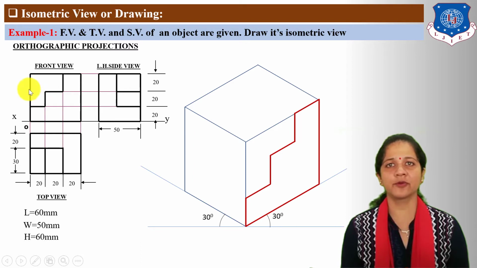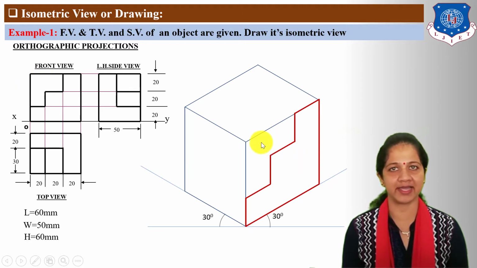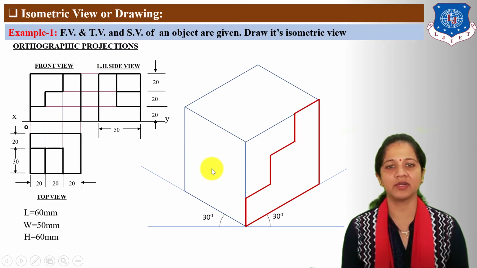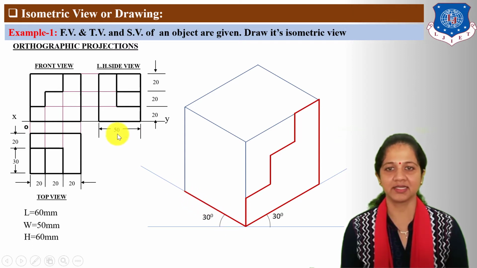Now, from the front direction, we cannot see width, so this portion of the front view we cannot locate here directly. So next, draw the left hand side view on the left hand side view face. First, draw a 50 mm width line on the z-axis.